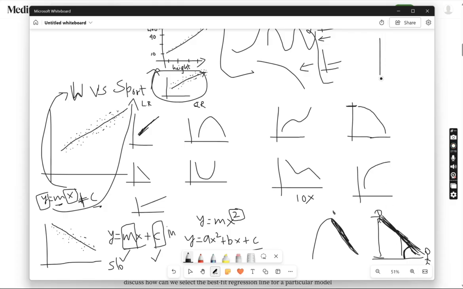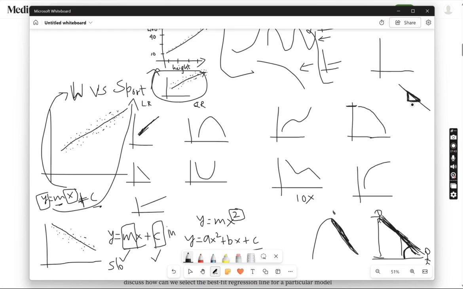I think you must have studied this in high school, no? You can calculate it by taking the height of this triangle and the base of the triangle and dividing one by the other. You divide this by this, you get a certain value, and that is how you get the slope.